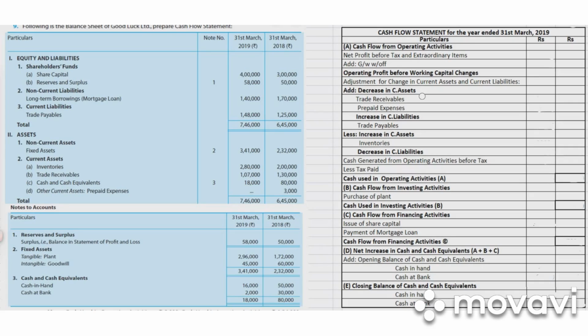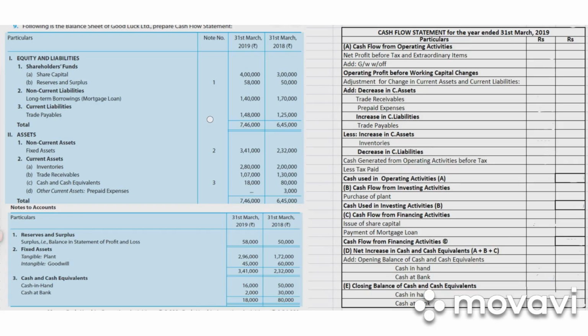Under this section, we will find out the net cash flow under operating activities. Operating activities is the bread and butter of a company. That is the main activity, the day-to-day activities of a particular business.